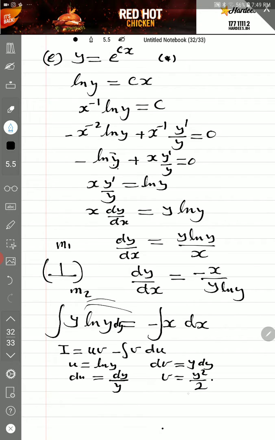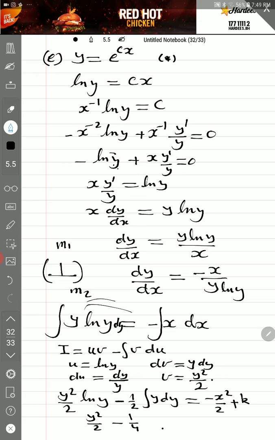It will be u multiplied by v, which is y squared over 2 ln y, minus the integral of v du. Du will cancel this one. It will be 1 minus the integral of y dy, equal to minus x squared over 2 plus a constant k.